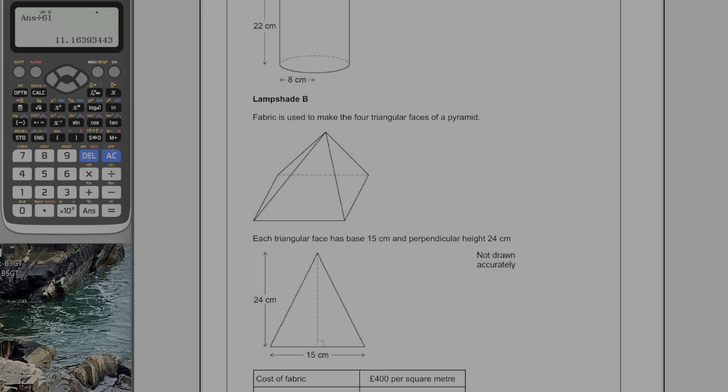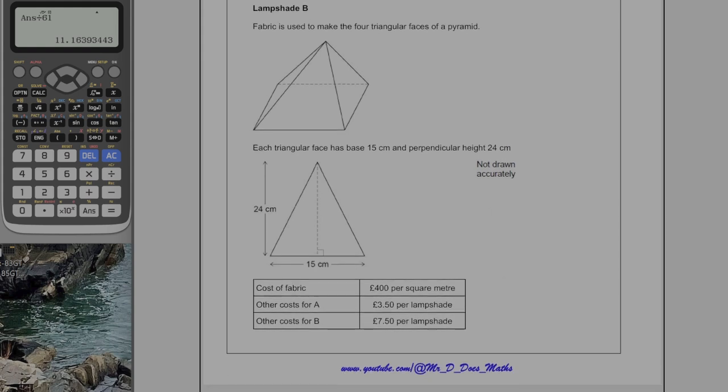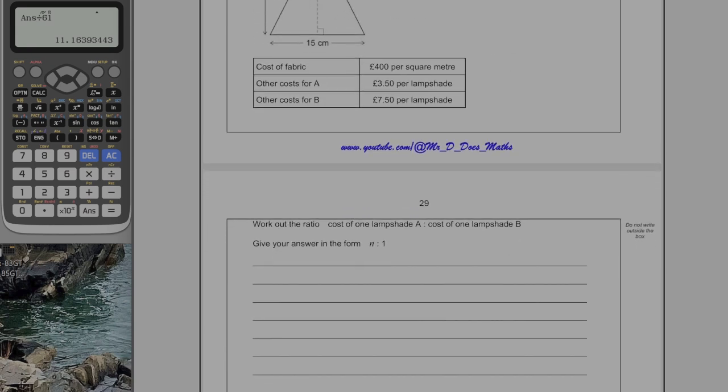Each triangular face has a base of 15 and a perpendicular height of 24. Then we're given the cost of fabric. Work out the ratio of the cost of one lampshade A to the cost of one lampshade B, giving your answer in the form n to 1.